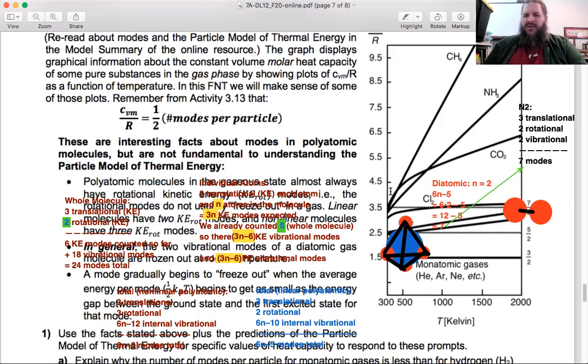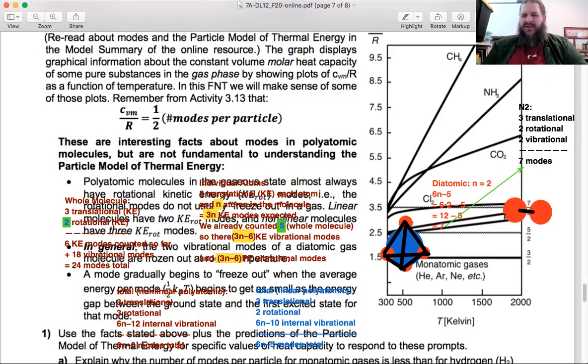So really each one of these should be going from like 3 jumping up to 5, jumping up to 7. But this isn't talking about individual molecules. This graph is talking about for a large sample. So as you increase the temperature, maybe you've got all the molecules at the low energy state, and then some of them have enough energy to jump up to the next energy state until eventually they're all at the next energy state. But if you look at it on average, the average is gradually increasing as more and more molecules start to vibrate.